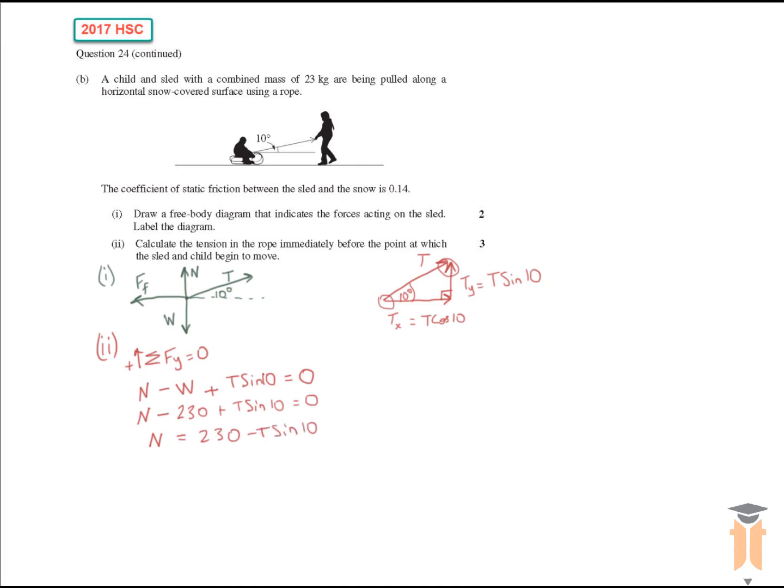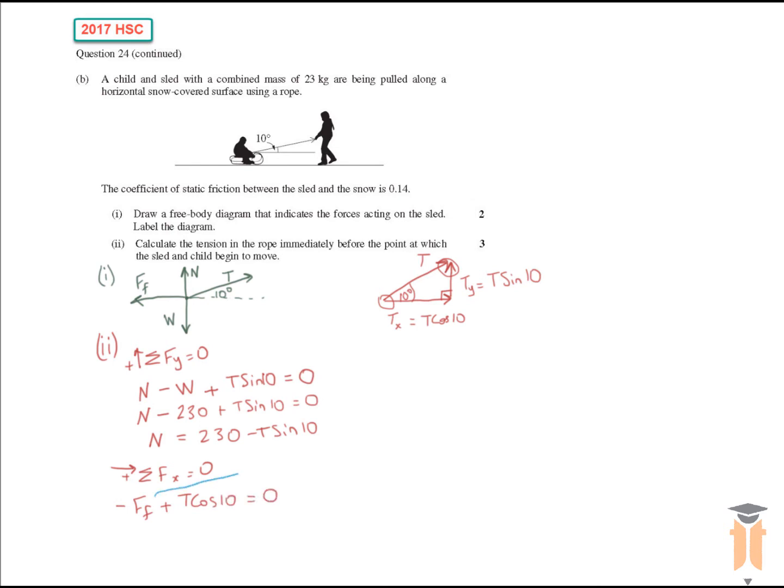Alright, now that we've dealt with the sum of forces in the y direction, it's the sum of forces in the x direction's turn. Sum of forces in the x direction is equal to 0, and I'm going to take right as positive. So I've got the frictional force going to the left, and the x component of the tension force, T cos 10, equal to 0.